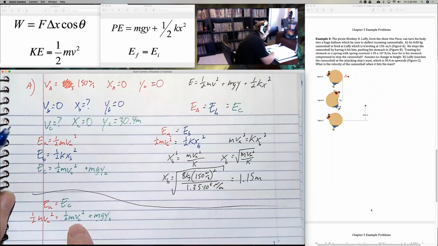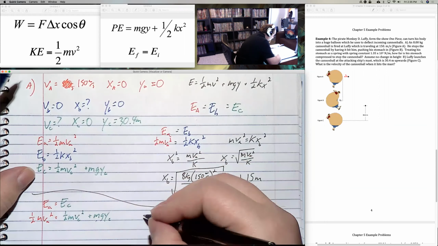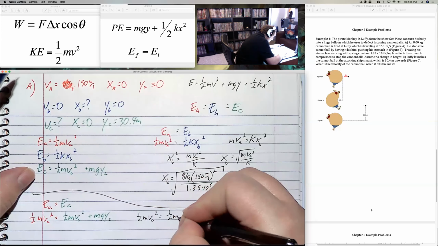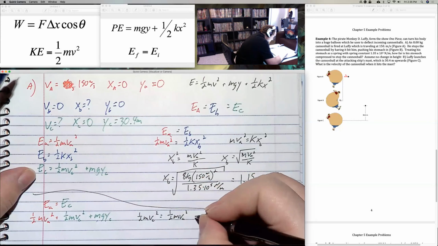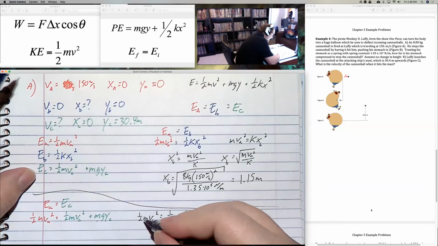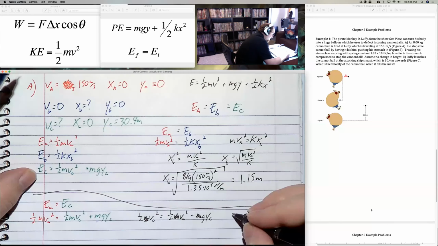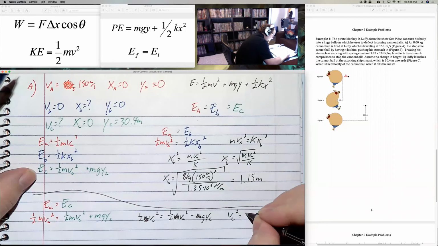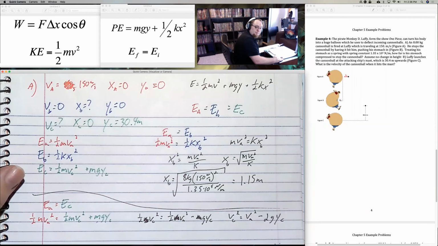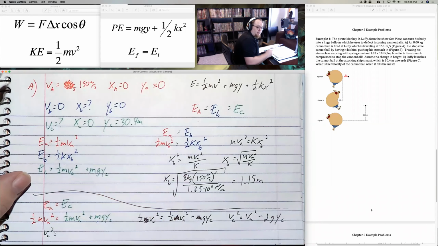So if I want to solve for VC, I would subtract mgYC from both sides. Divide both sides by M. Multiply both sides by 2. And I'm just going to solve for VC squared again because that's complicated.